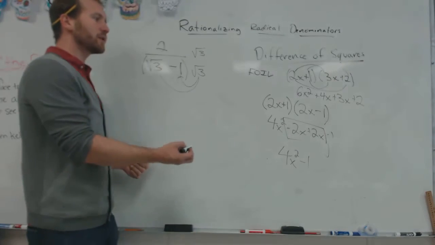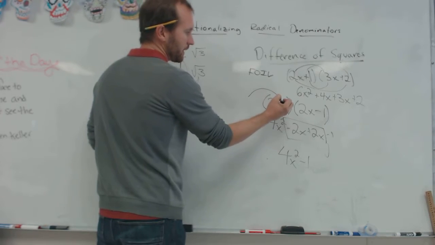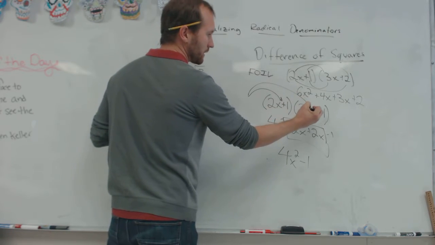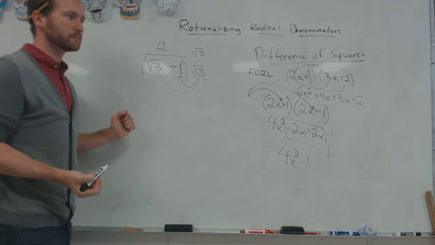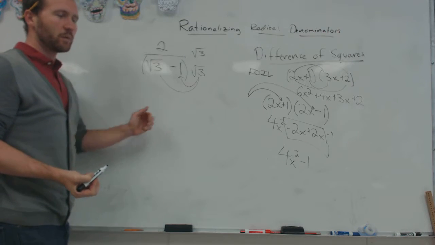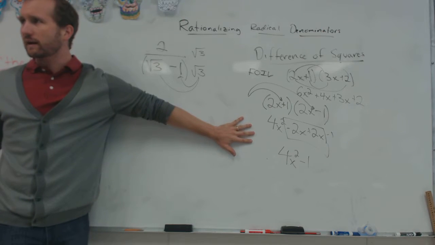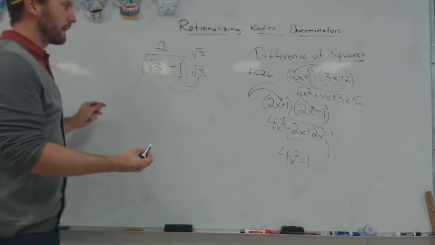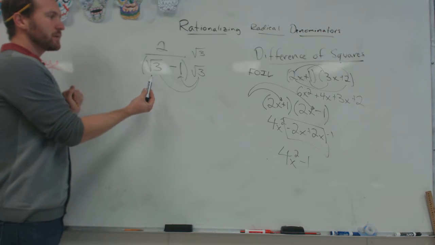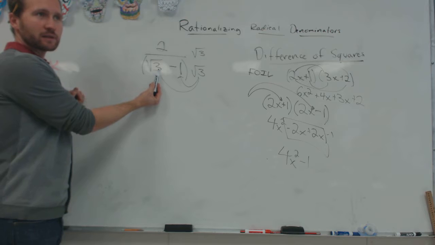Okay. And the key for you to understand right now is that we have 2 factors. One of them has a plus, one of them has a minus. We'll be coming back to this as we learn about quadratics, parabolas, and that sort of thing. But for now, it's going to be useful for clearing these types of denominators.